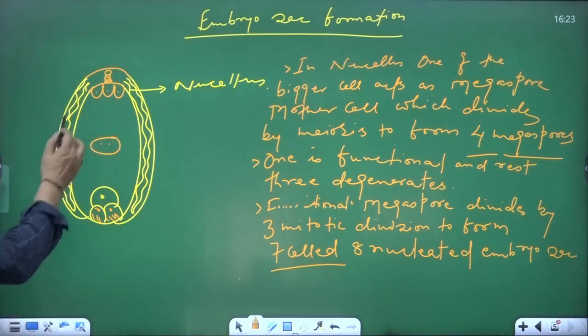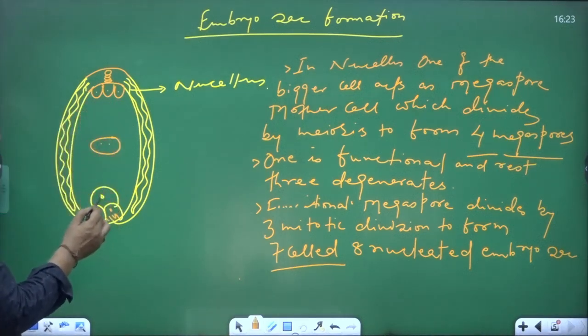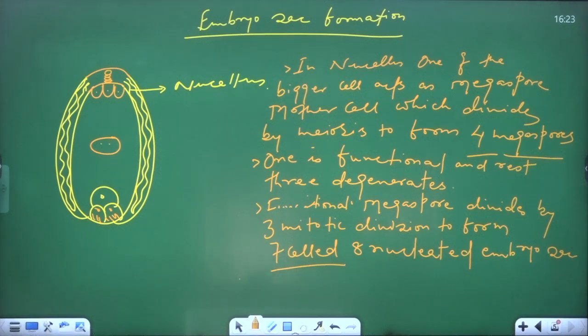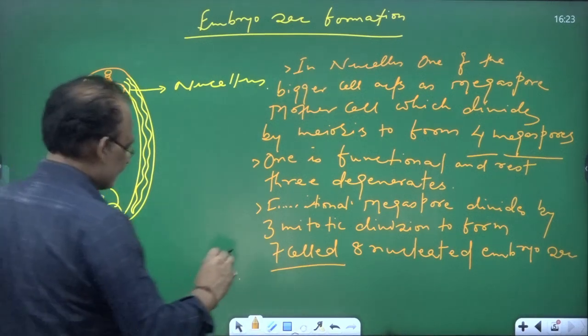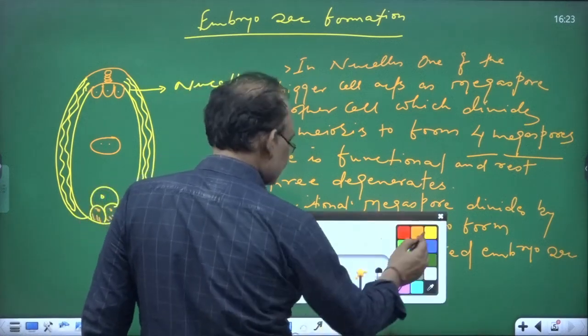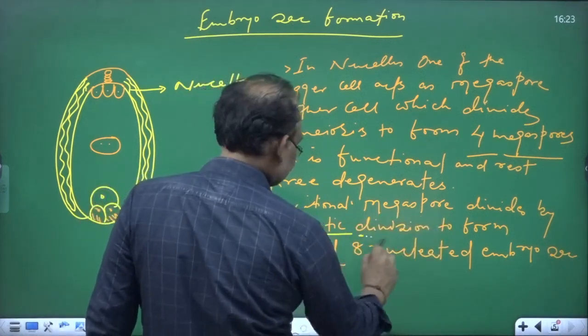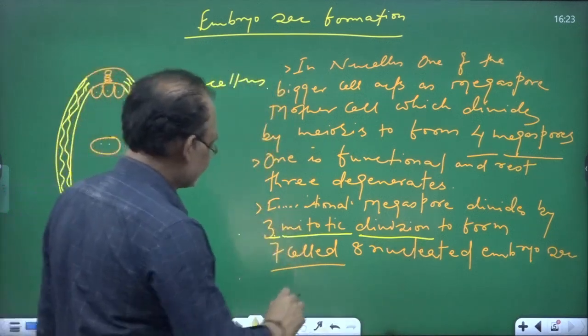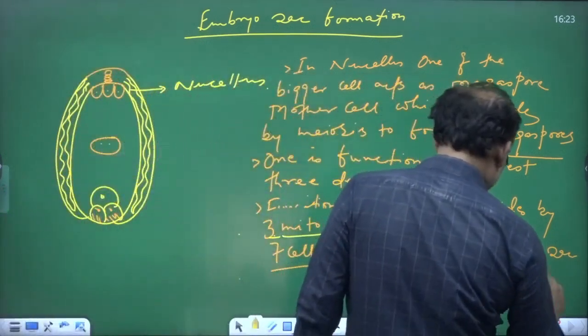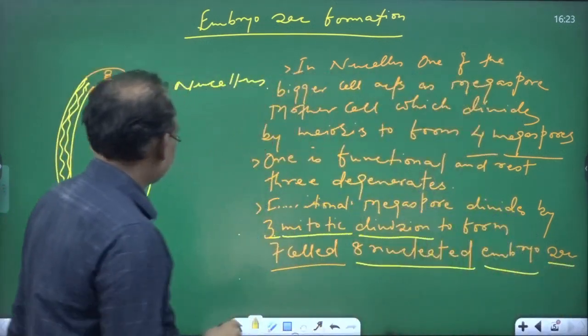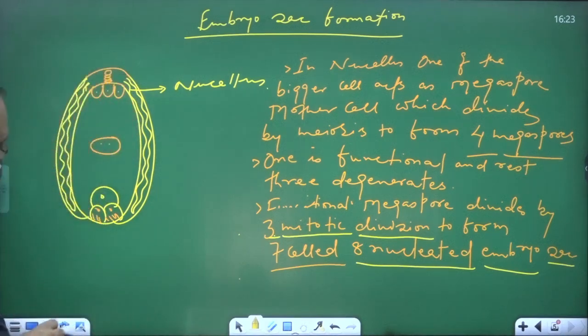And how many nuclei? 3, 2 and 1, 2, 3, 8. Right? So it takes 3 mitotic divisions to form a 7-celled, 8-nucleated embryo sac. So embryo sac is the female gametophyte.